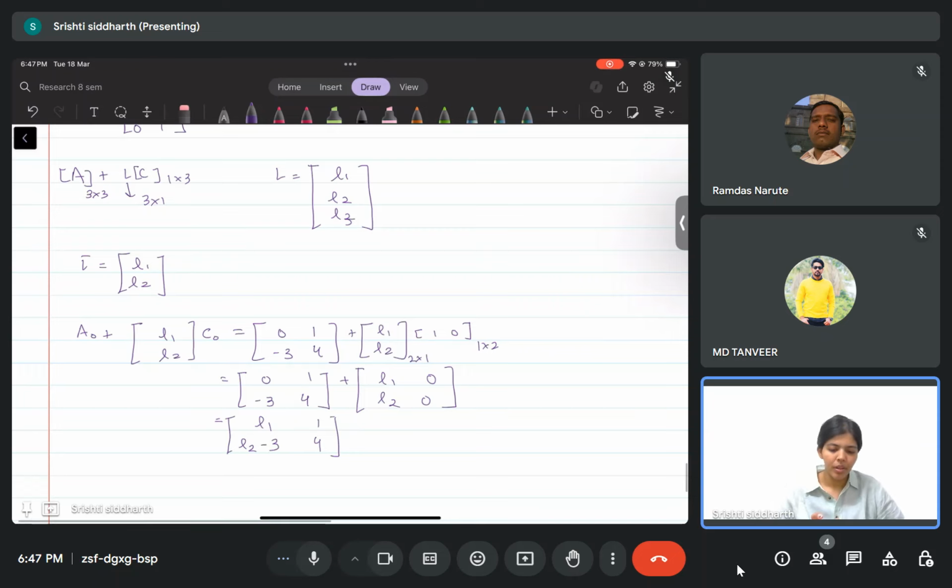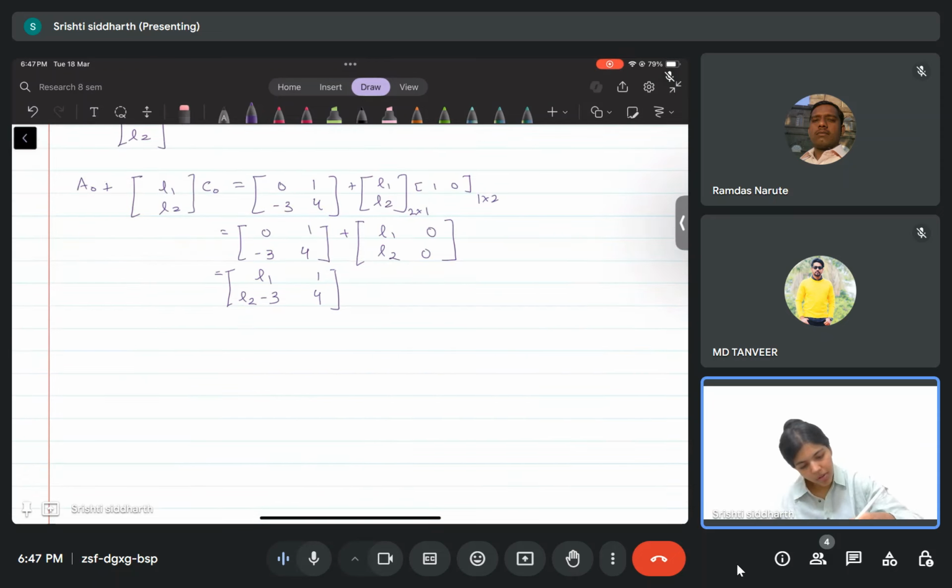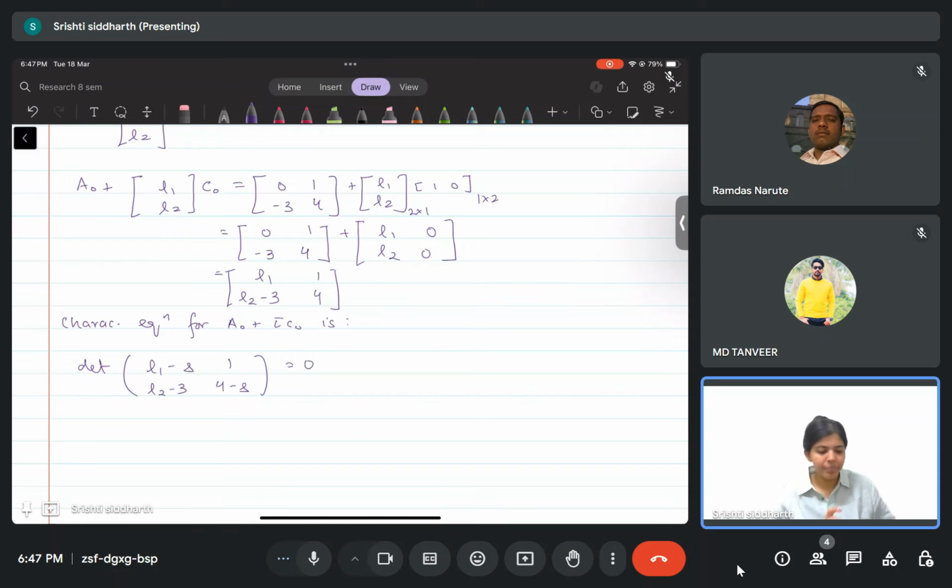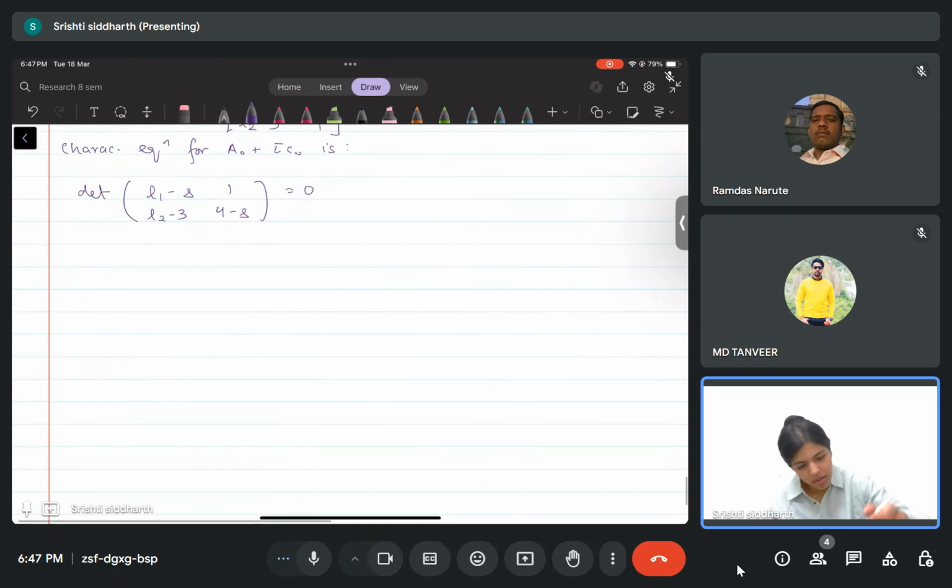Okay. So the characteristic equation for A0 plus L bar C0 is (L1 minus S)(4 minus S) plus L2 plus 3 equals 0.